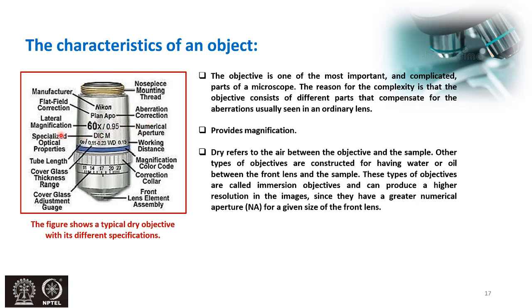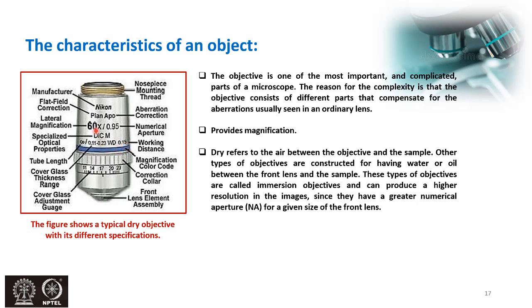Then DIC, that is a specialized optical property, and WD is the working distance, as shown here, 0.15. This is the tube length, so we can use the tube length as per our requirement. The cover glass thickness range is mentioned here, then the cover glass adjustment gauge. This is the magnification color code.